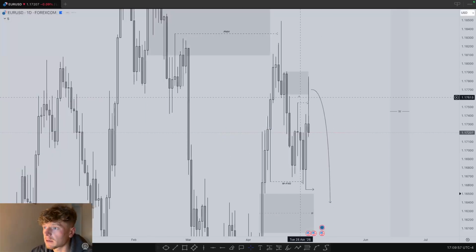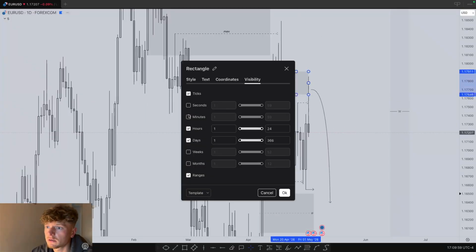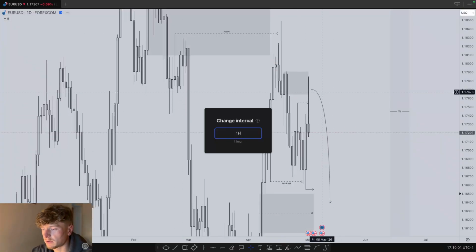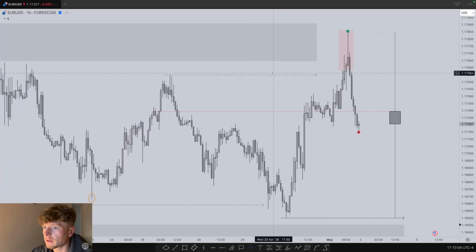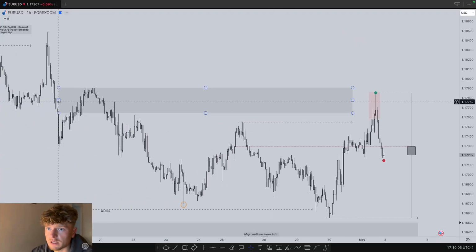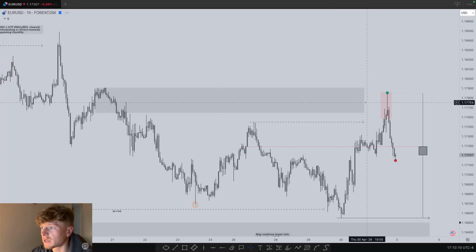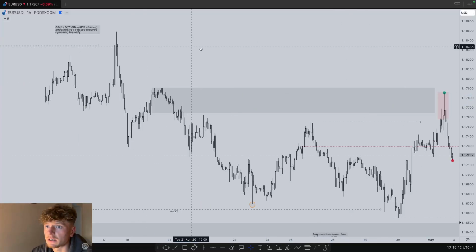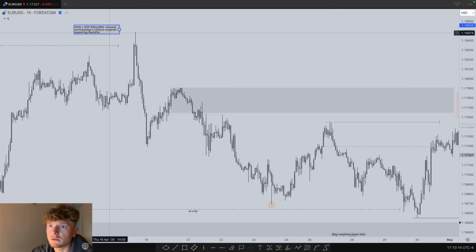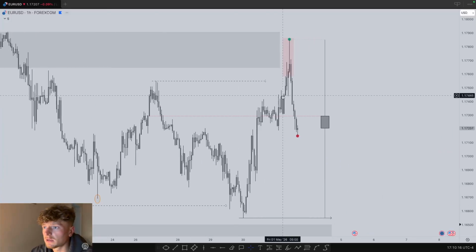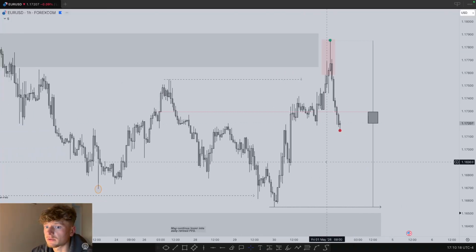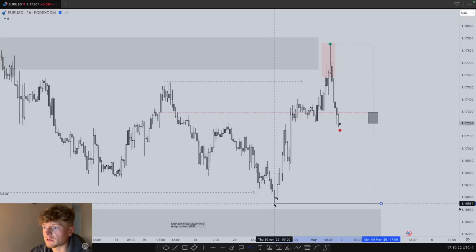Just going to mark this up on my lower time frame, jump to the 1 hour. So from here, this is kind of where I'm at in terms of my outlook for next week. I'm going to see how Asia and Monday delivers after the weekend's gone. Some quite volatile conditions at the minute.